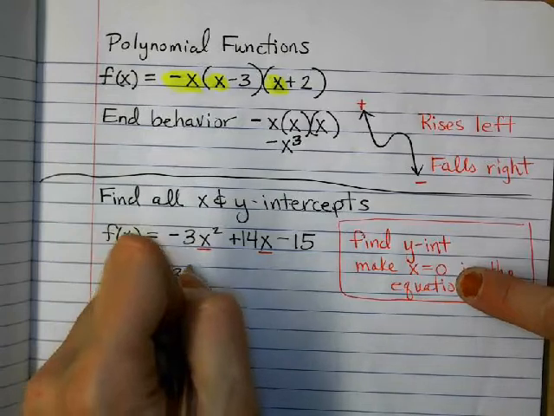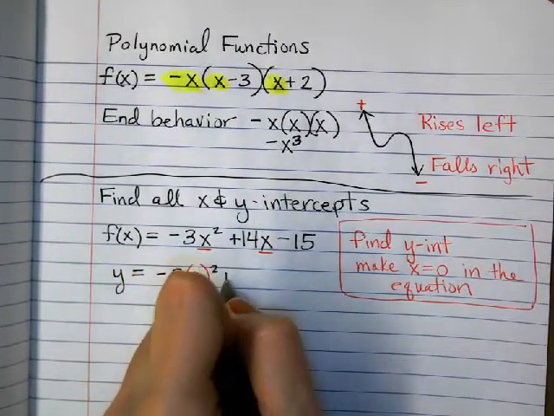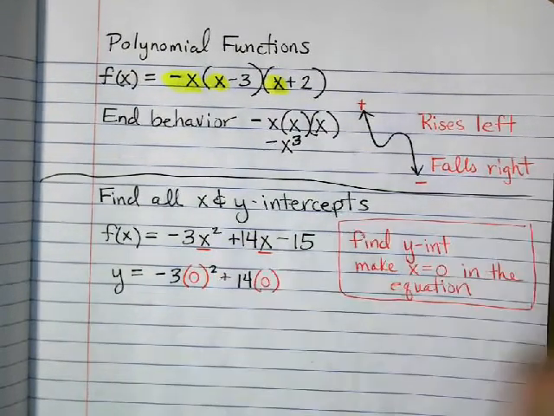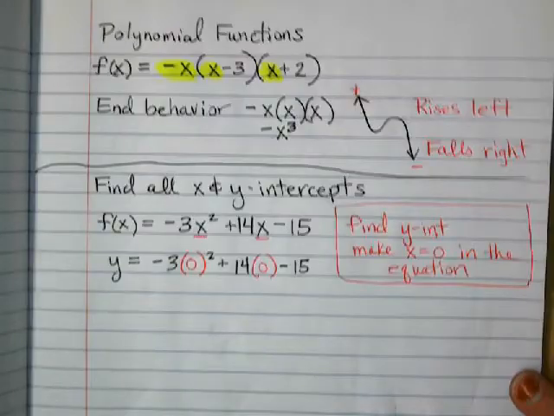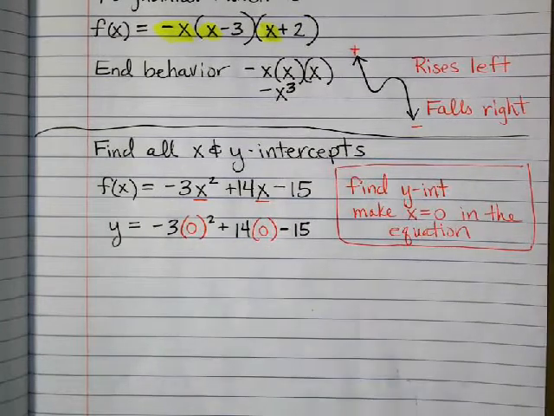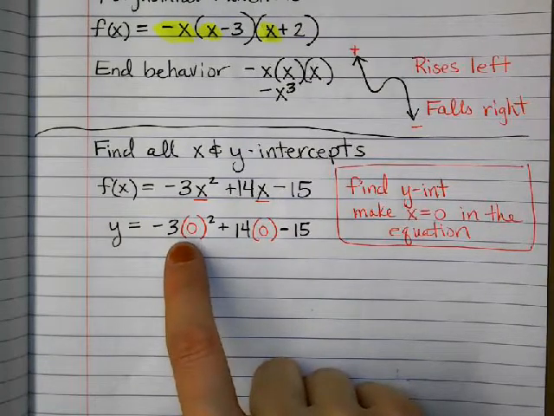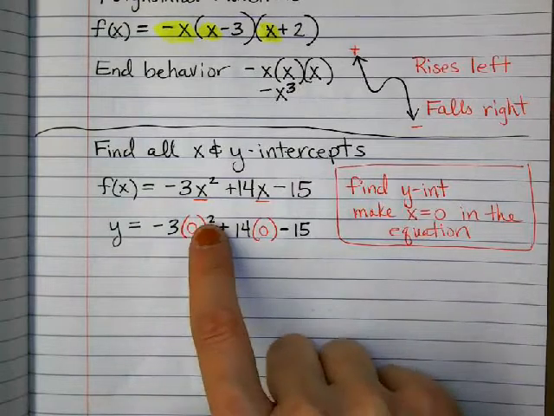So you go over to this problem, and where you see these x's, you make them into zeros. You change them to zeros. So it'd be negative 3 times 0 squared right there, and then 14 times 0, and then minus 15. You put zeros in the problem there and there. So you do the math. You can get a calculator out if you need to, but you have to figure out what negative 3 times 0 squared is.